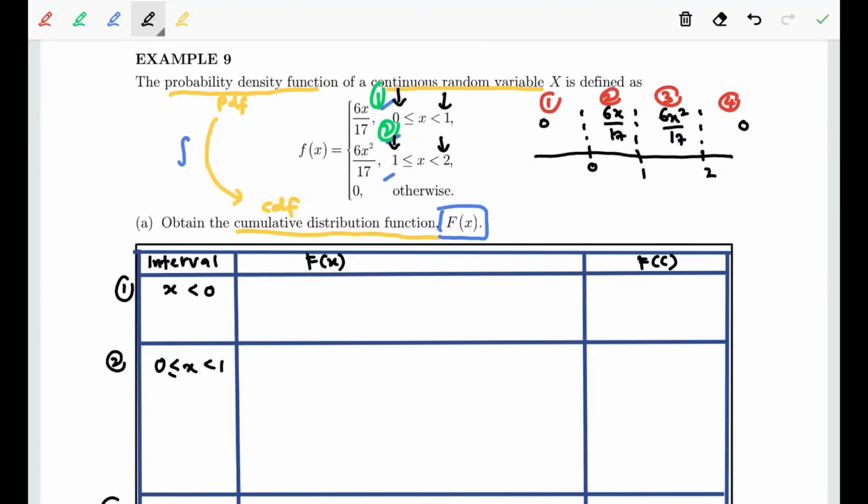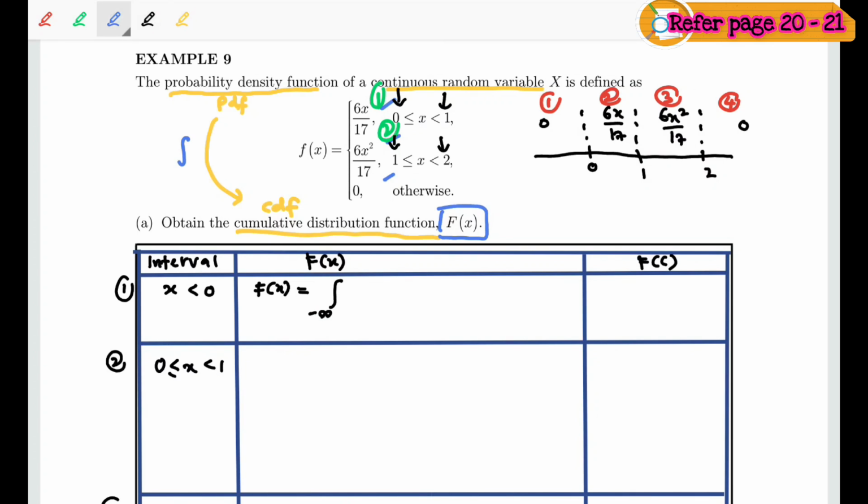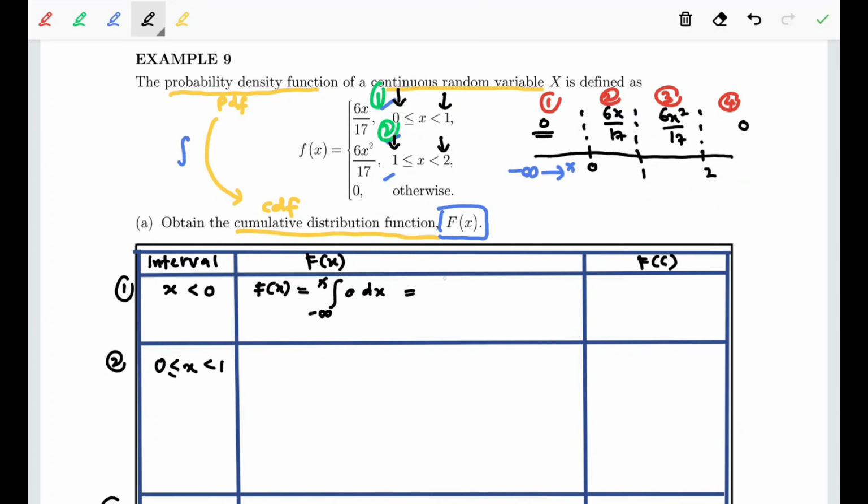For the first interval, the capital F of x should equal the integration from negative infinity until x. The function that should be written here is 0, so the integration of the 0 function will give you 0. The next column is finding F of c.